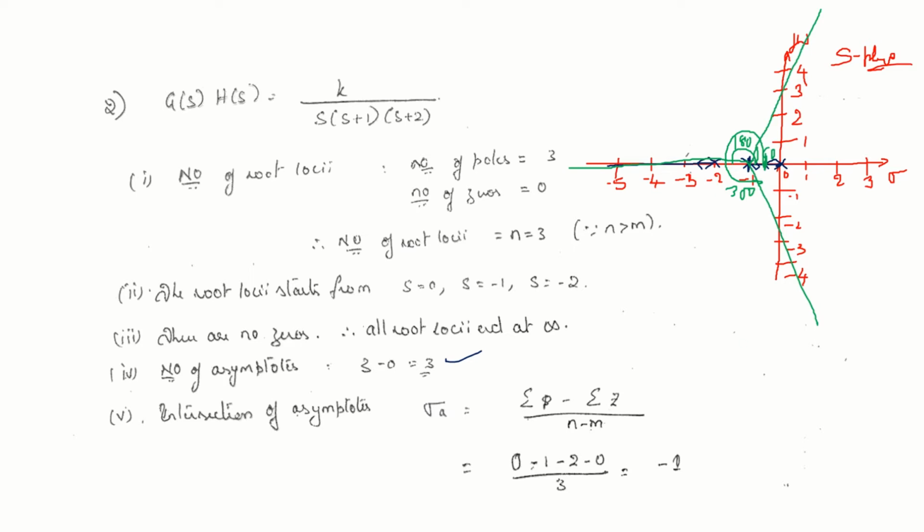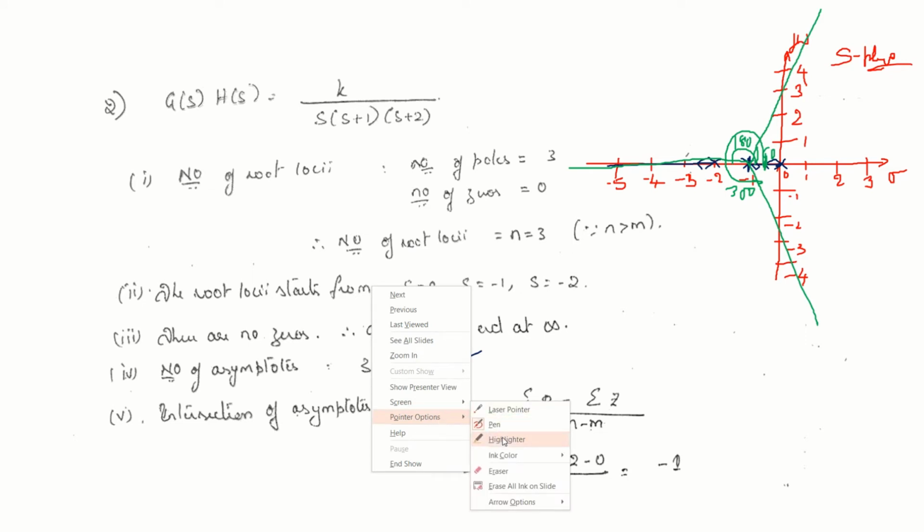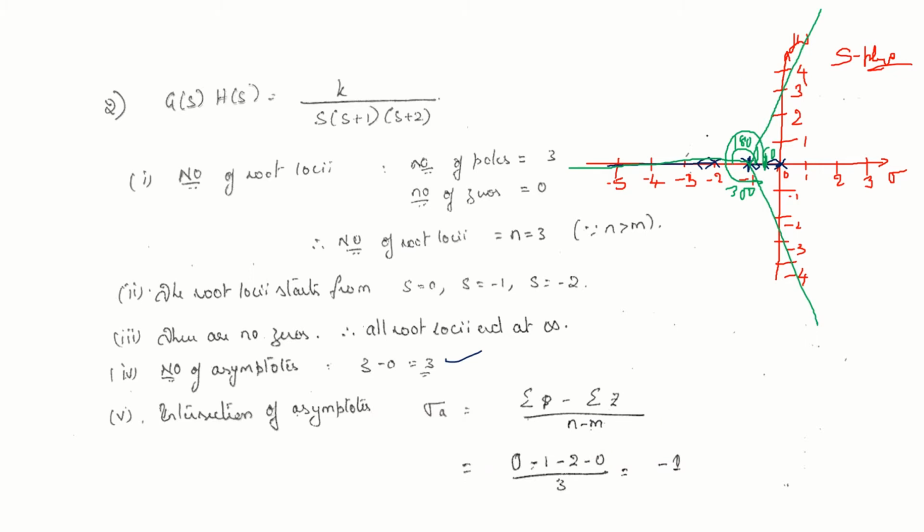Next, it is obvious the root locus will come here, break, and go asymptotically like this.